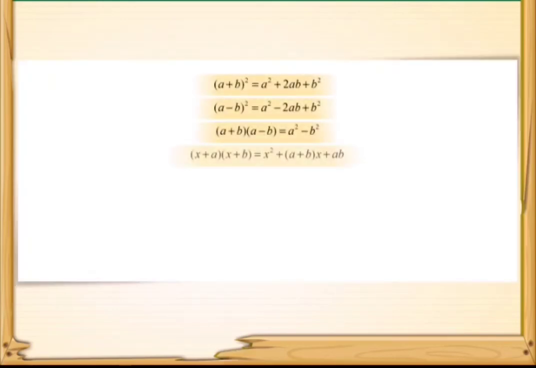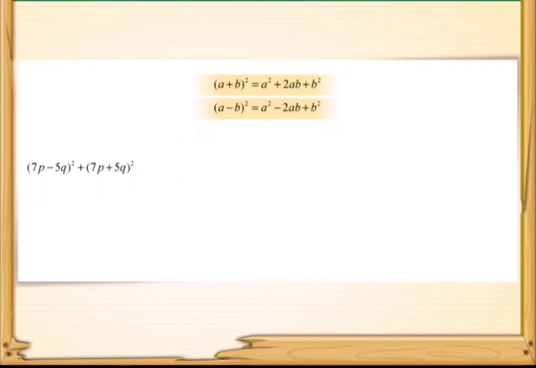Let us now use a suitable identity to simplify the expression (7p minus 5q) whole square plus (7p plus 5q) whole square. Note that (7p minus 5q) whole square can be solved by the second identity, and (7p plus 5q) whole square can be solved by the first identity. So, the expression is equal to the right-hand side of the second identity plus the right-hand side of the first identity.